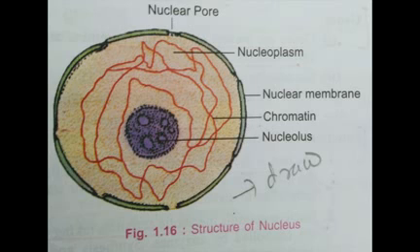Next, we will go to cytoplasm. What is cytoplasm? It is the part of protoplasm which remains after excluding the nucleus. After excluding the nucleus, whatever portion is left is known as cytoplasm.